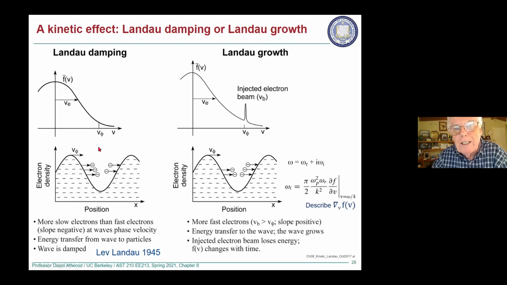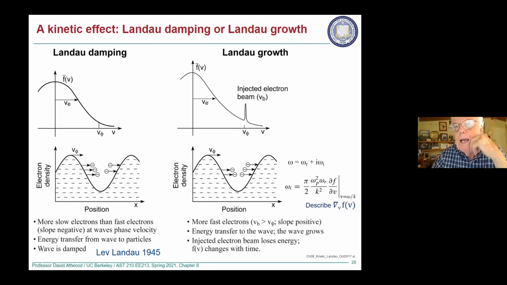But because there's less on the high side and more on the low side, this is going to wind up with a transfer of energy from the wave to the slower electrons, and the wave is going to damp.